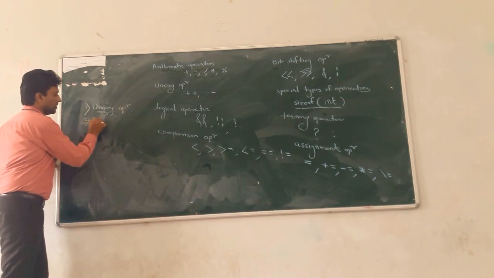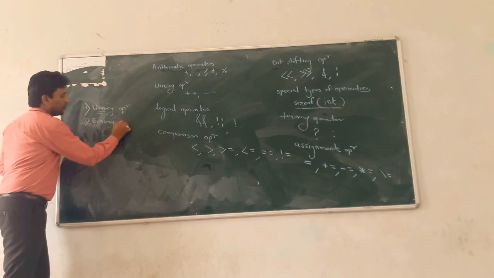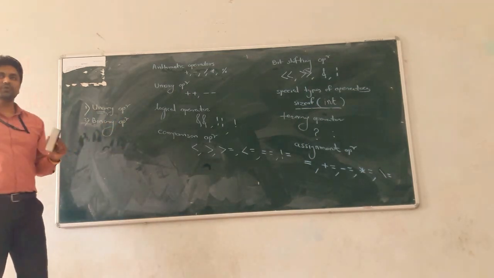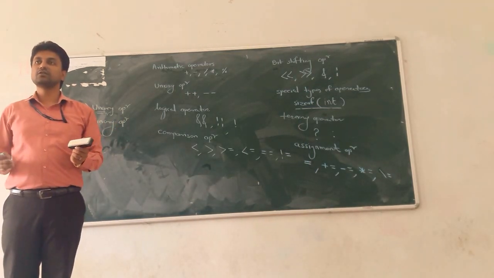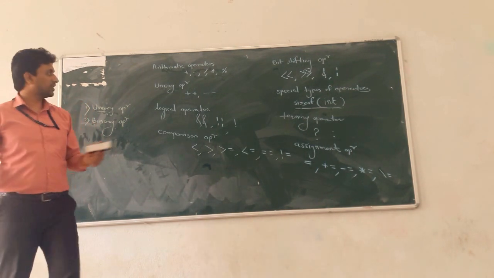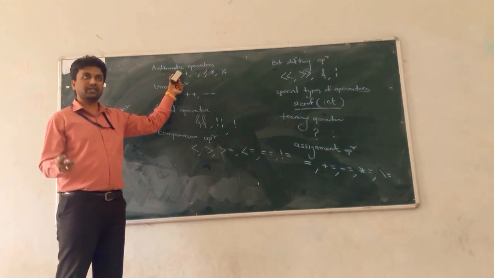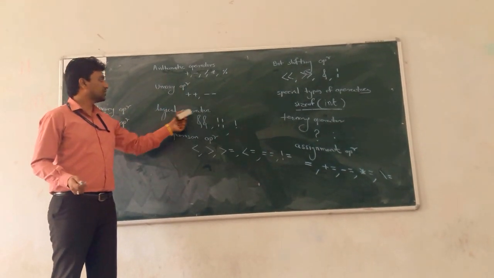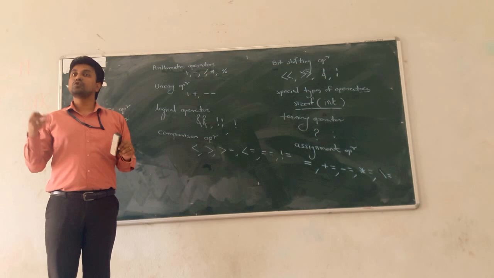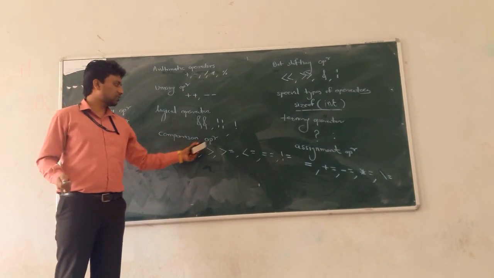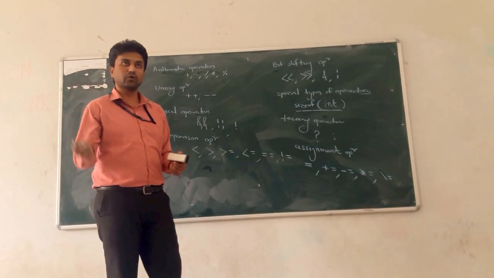Second, binary operators. Binary operators perform operation on two operands. For example, arithmetic operators, logical operators, and comparison operators perform operation on two operands.